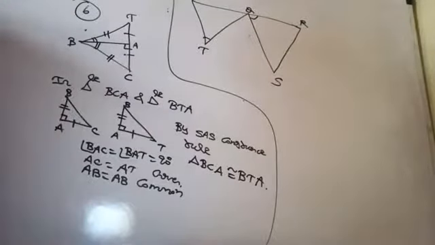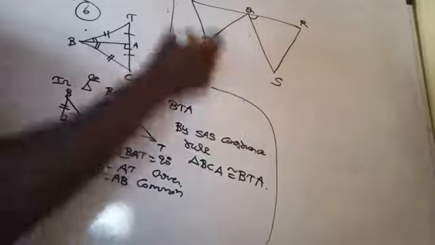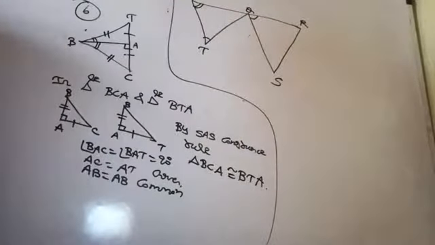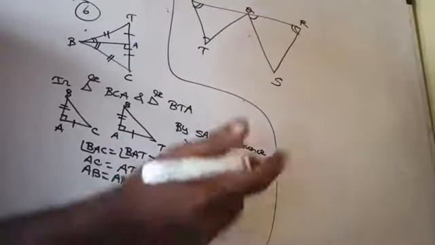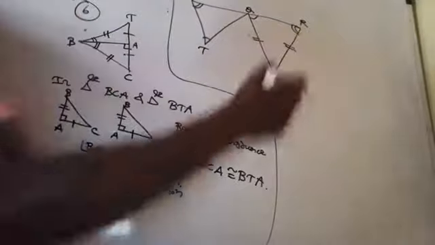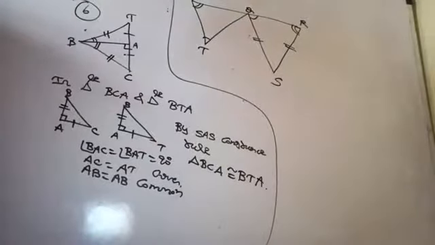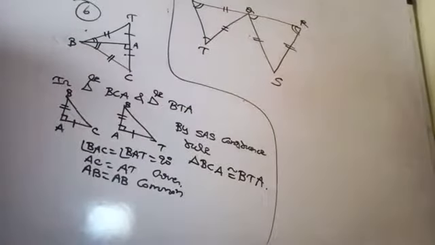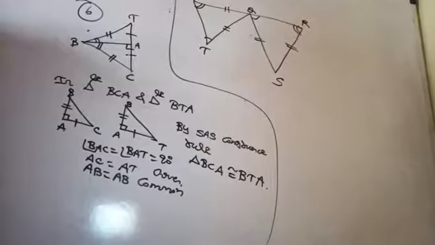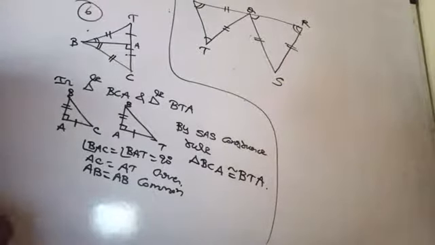Then PQ is equal to, and then after that angle P is equal to angle R. Then QR is equal to RS, and then PQ equal to TQ. Now triangle QRS is congruent to triangle what?